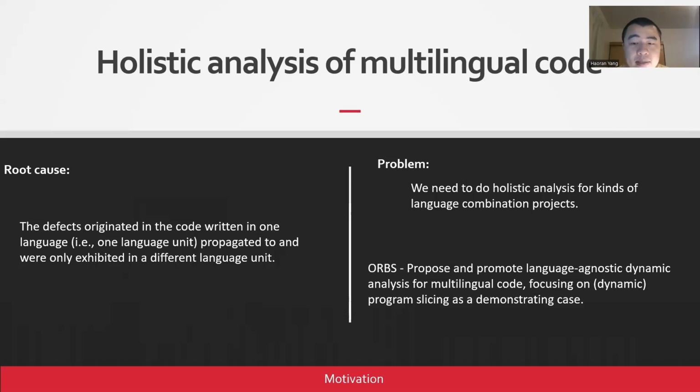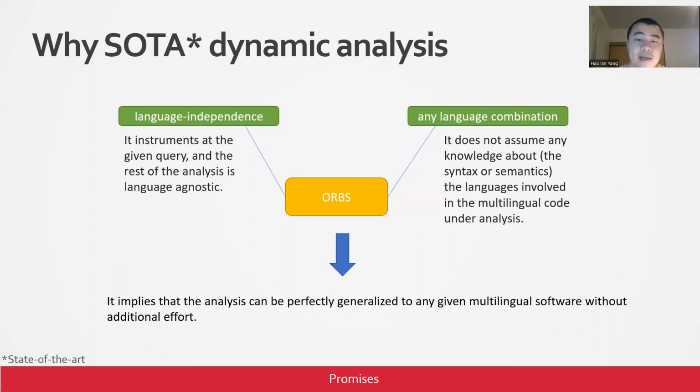State-of-the-art dynamic analysis of multilingual code, such as ORPS and its follow-up line of works, provides promising solutions. Since ORPS is the core of this line, we use it to reflect on the current state of multilingual dynamic analysis. As a state-of-the-art dynamic analysis of multilingual code, ORPS has two major merits.